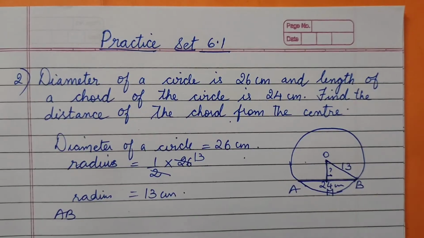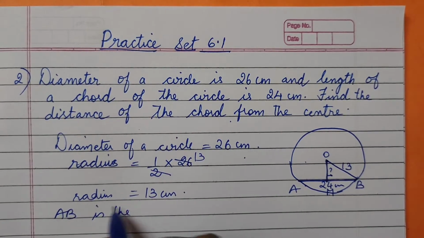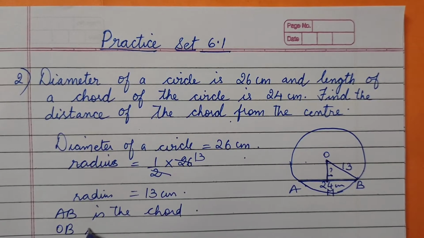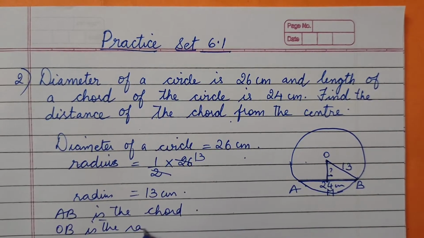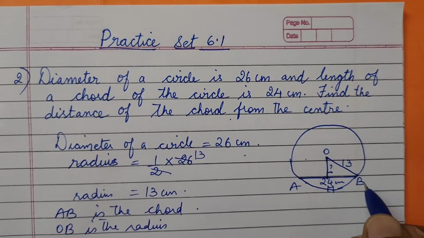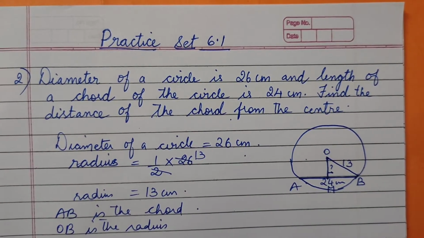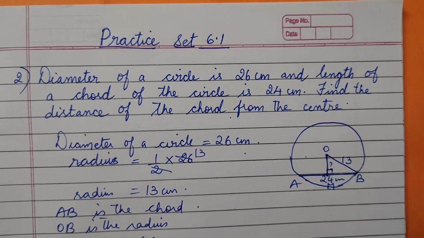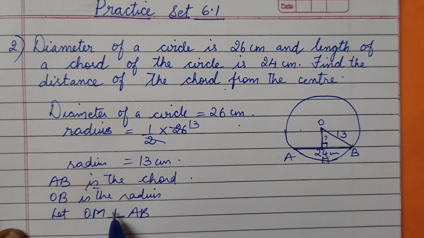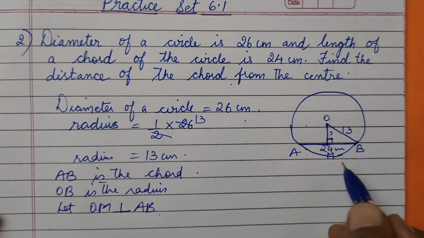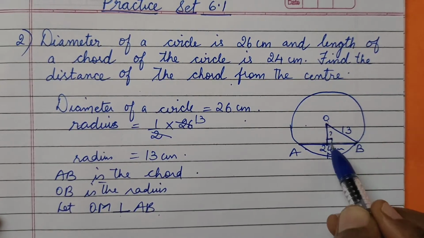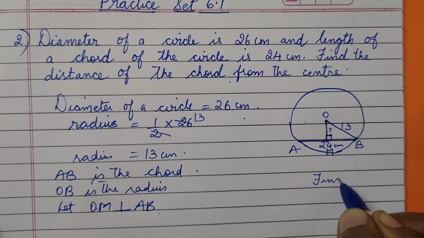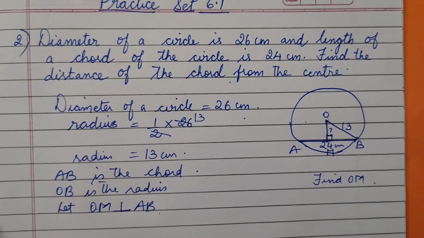We will write the information: AB is the chord, and OB is the radius, and let OM be perpendicular to AB. That means this becomes 90 degrees. Now we have to find OM, so we write it on this side, find OM, so that it will be very clear for us.